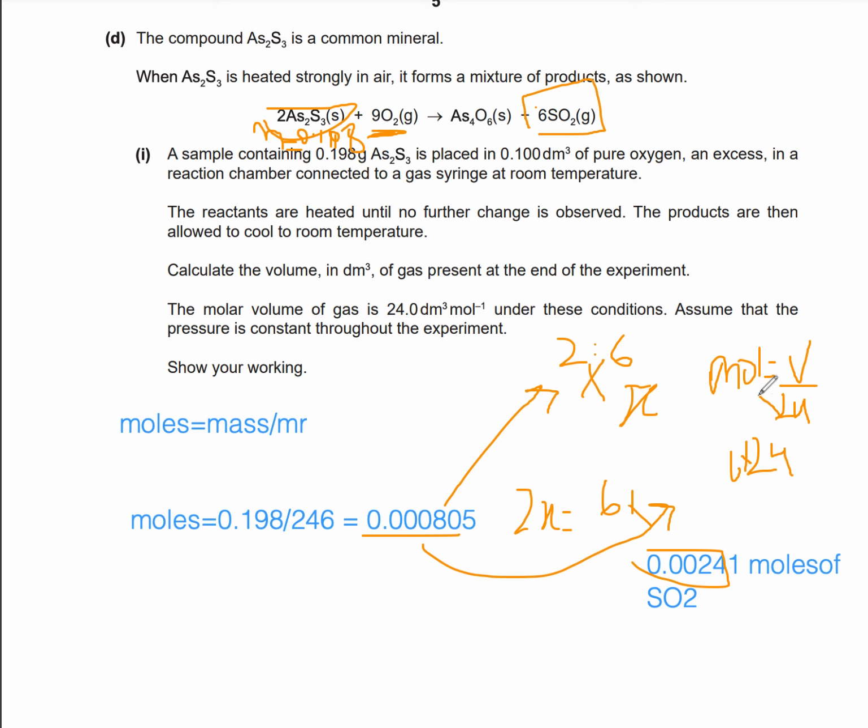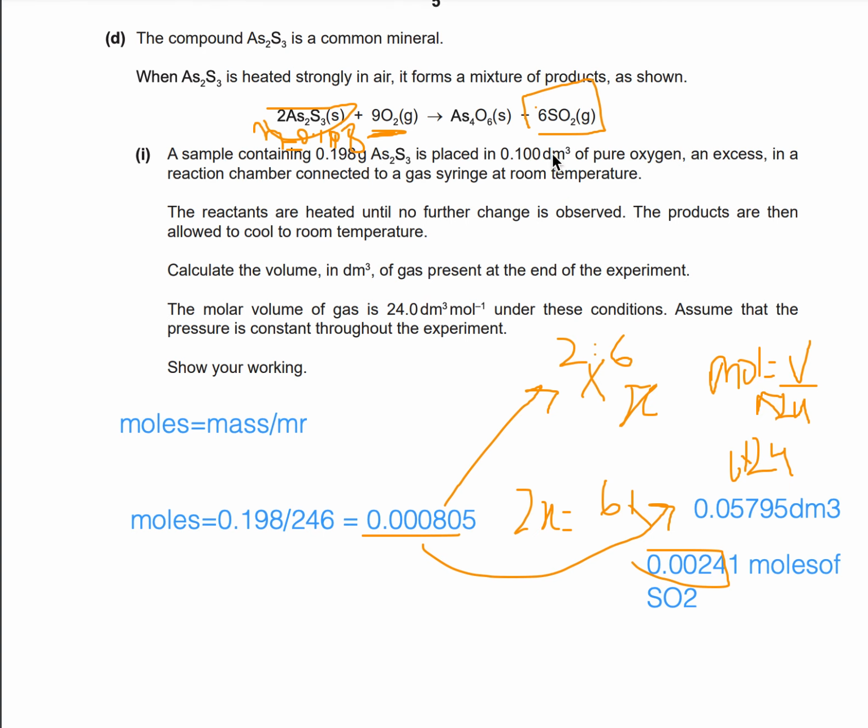So the answer would be 0.05795 dm cube of SO2. That's the answer for SO2.